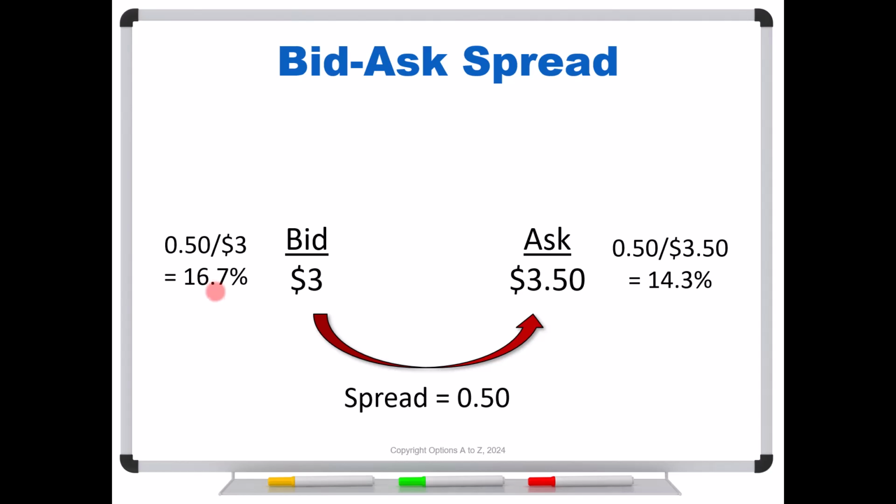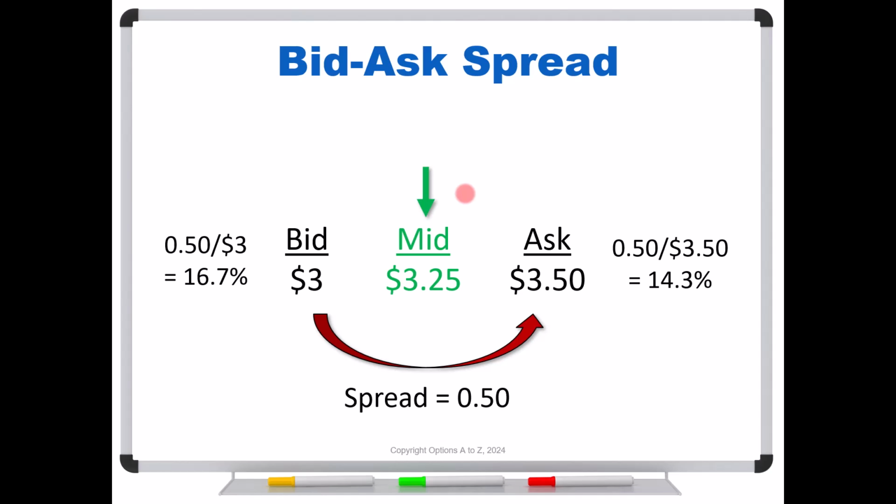So you can see it causes a problem. Which price do we use? And the bigger the spread between them, the bigger the discrepancy in these percentages. So a standard convention, probably the better convention, is to take the midpoint, just the halfway point between 3 and 350, which of course would be 325.